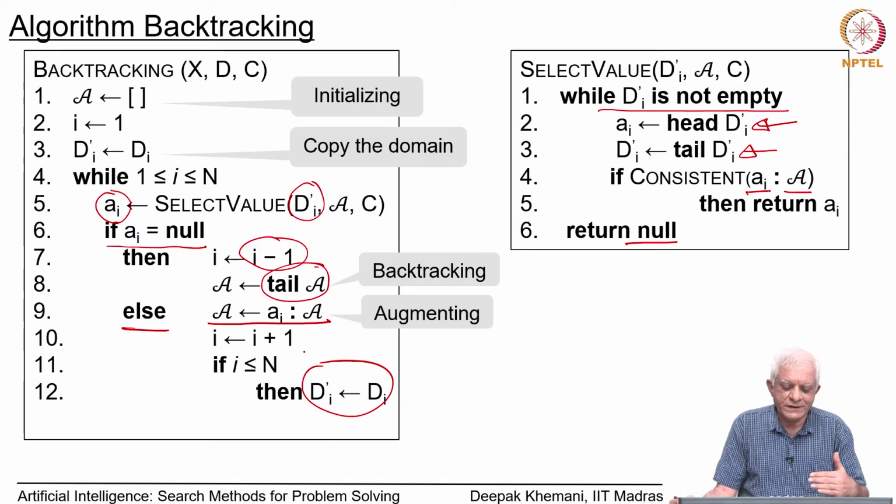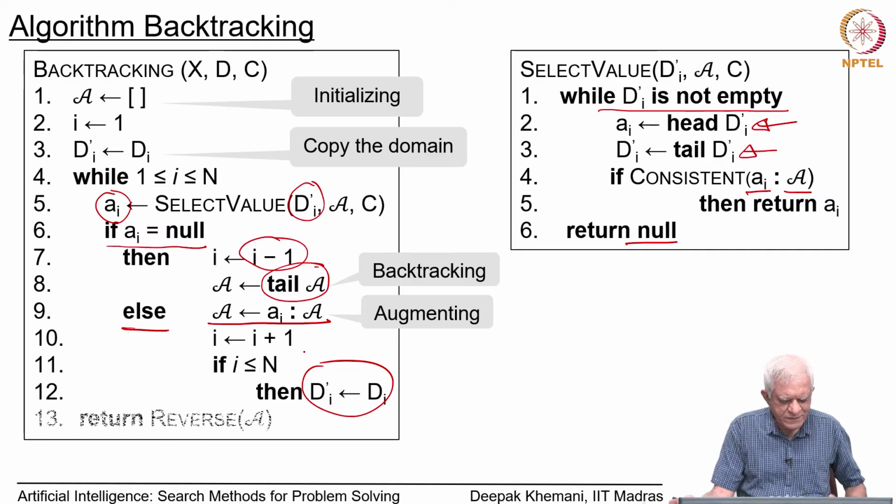So, we go through this while loop. As you can imagine, in this cycle i will go up from 1, 2, 3, 4 upwards, and if it is backtracking, it will come down 4, 3, 2, 1 and so on. So, it will keep going up and down, and as we discussed a short while ago, there are two termination criteria. If we have found a solution, we return it, else we return null.